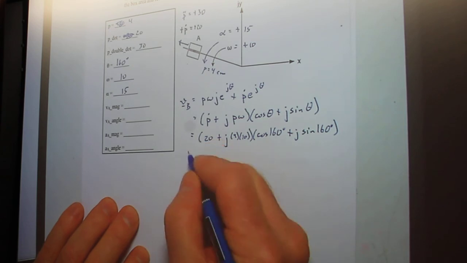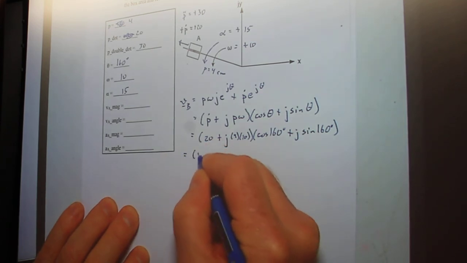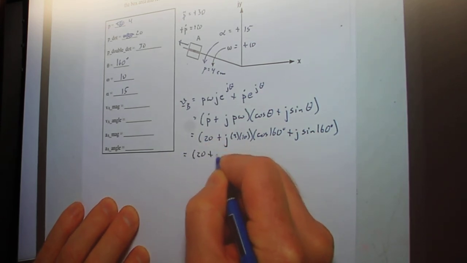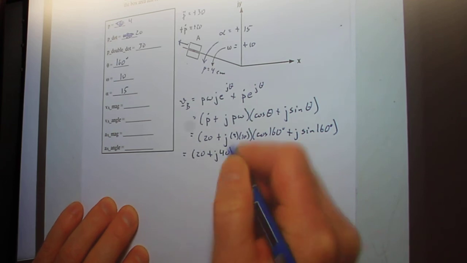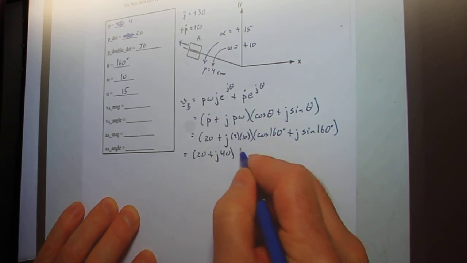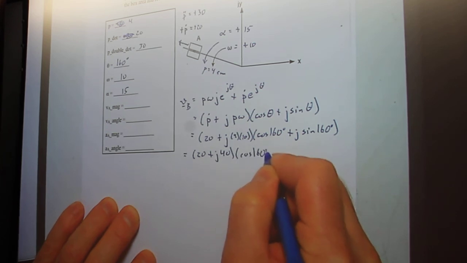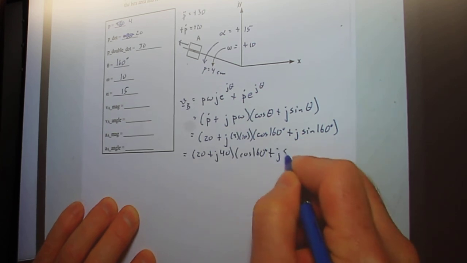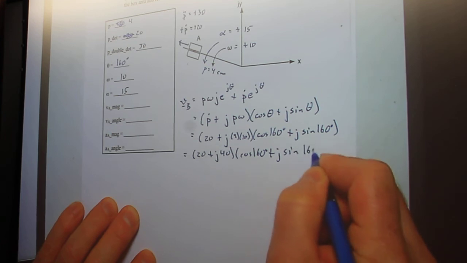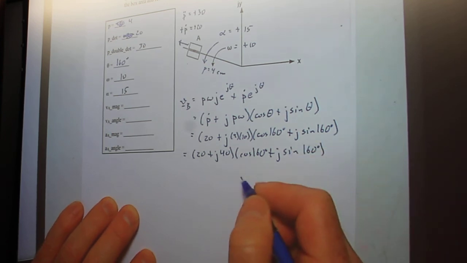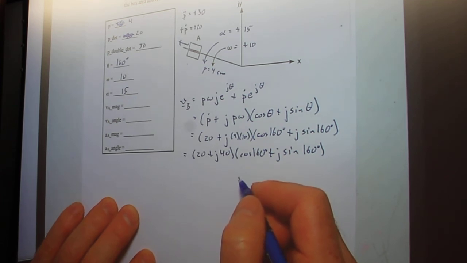So what I do on this equals 20 plus j 40 times cosine 160 degrees plus j sine 160 degrees.